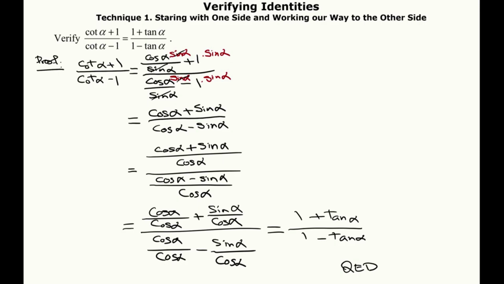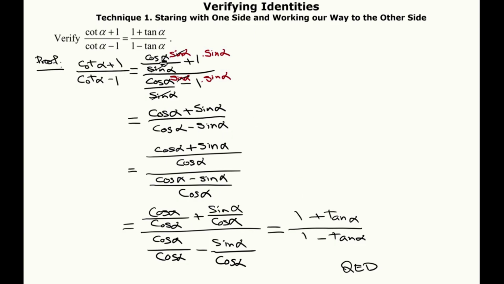QED. Now, this is a problem that you can also work from the right to the left hand side, and I encourage you to try that and see if you can get that. That will be excellent practice before you proceed. Notice that I started with the left hand side and I ended up with the right hand side.